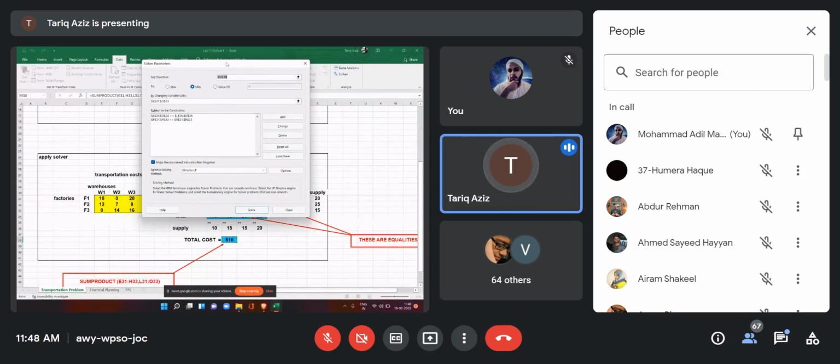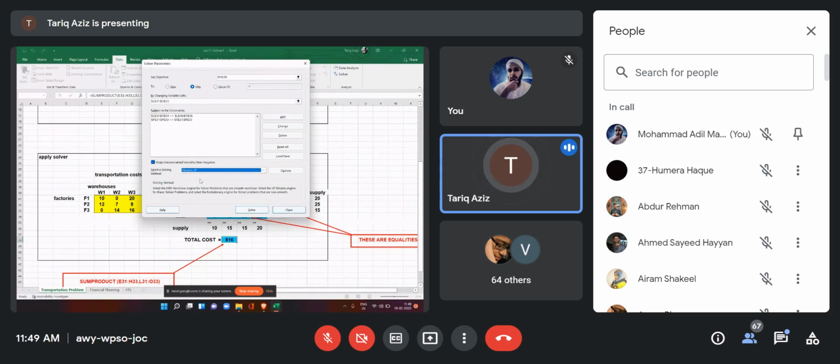After specifying the problem, the next option is to solve it. These are the three options: help, solve, and close. So we have to solve. There are various options, for example simplex method, evolutionary method, GRG nonlinear. It will not make a major difference because this is a very simple problem. The default option is simplex linear programming.